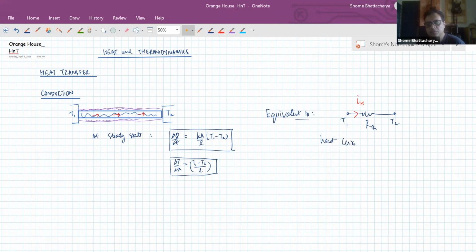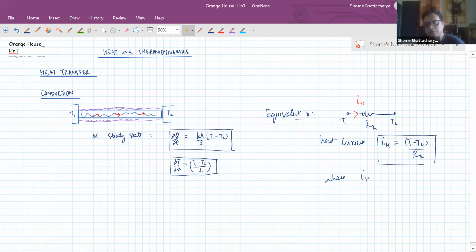So heat current becomes temperature difference divided by thermal resistance, where heat current is equal to delta Q by delta T, and thermal resistance is L upon KA in Kelvin per watt.